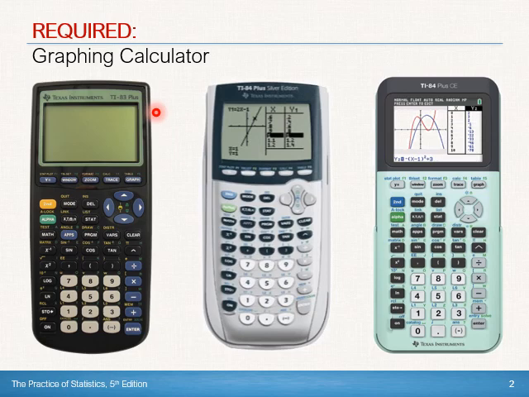I would say if you have an 83 from a previous class or from a sibling, we can make it work. Don't buy a new one. 84, if you're going to buy one, 84 plus is what I would recommend. You can sometimes buy them used on Amazon for 60, 70 bucks. A new one's probably close to 100, 120 bucks.